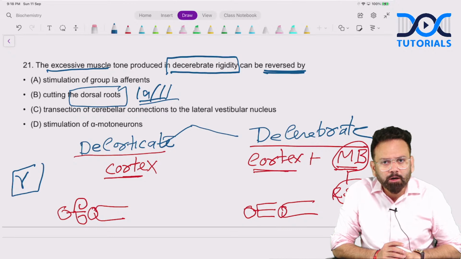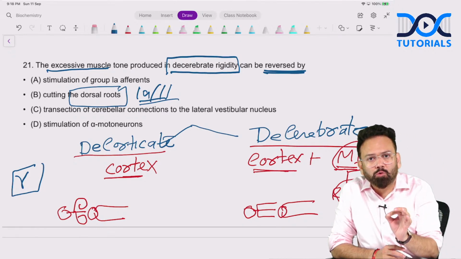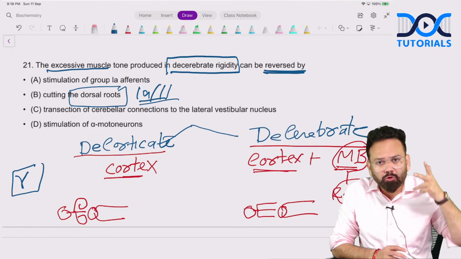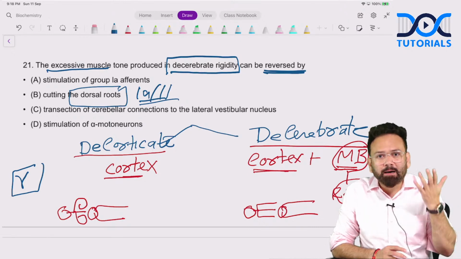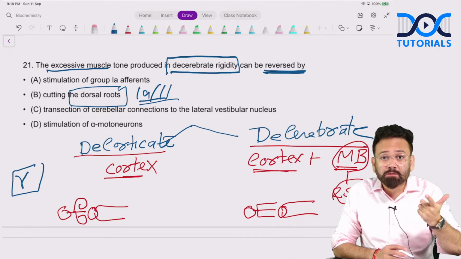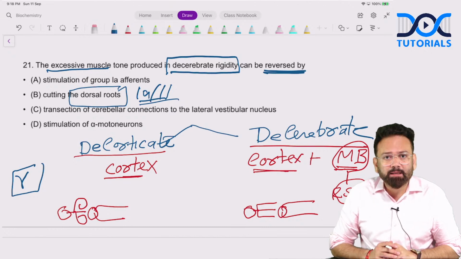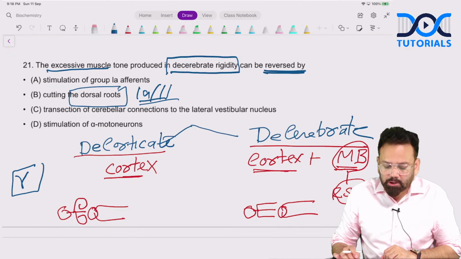In the spinal cord, any sensory information goes via the dorsal root. Dorsal roots are sensory; this is called Bell-Magendie law. If you cut the dorsal root, no afferent will go, no efferent will come, so gamma motor discharge will stop. You can reverse the rigidity. So this is a very important clinical question: excessive rigidity can be reversed by cutting the dorsal root.